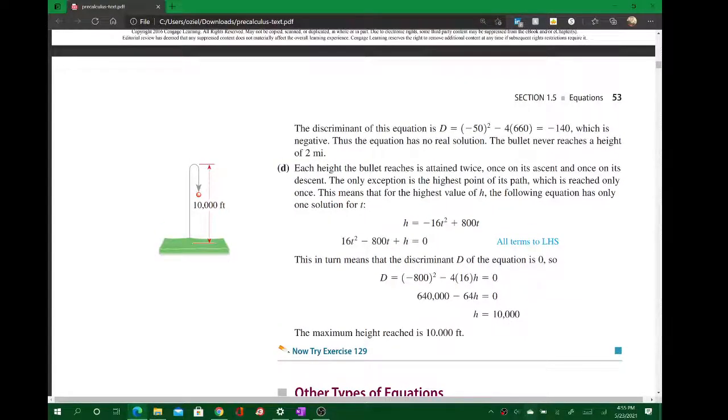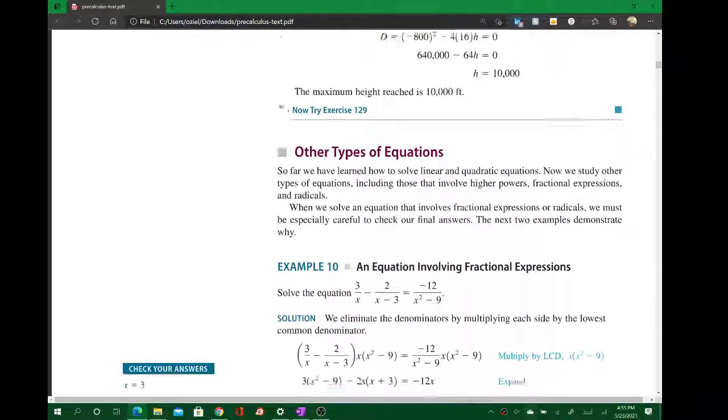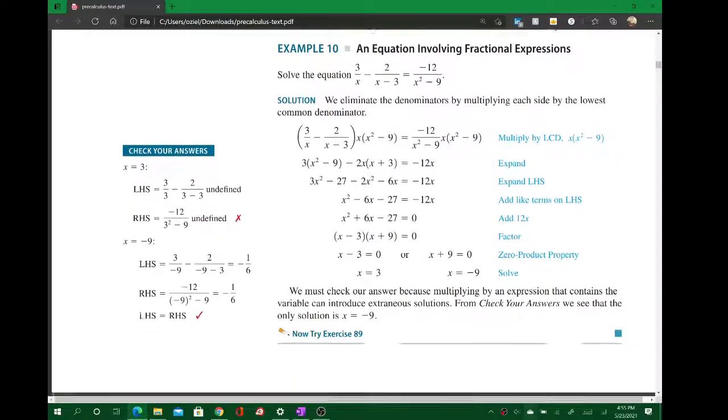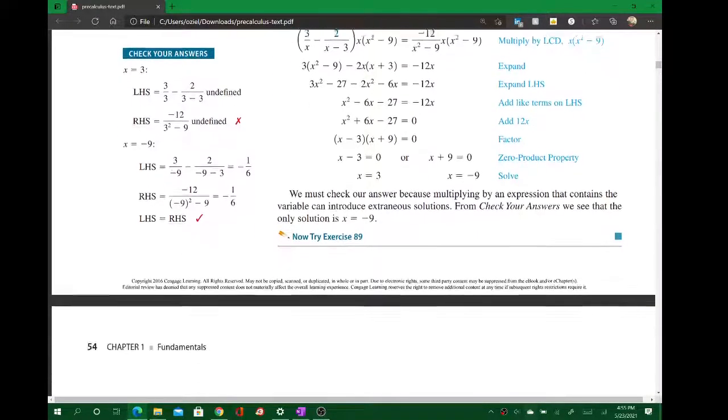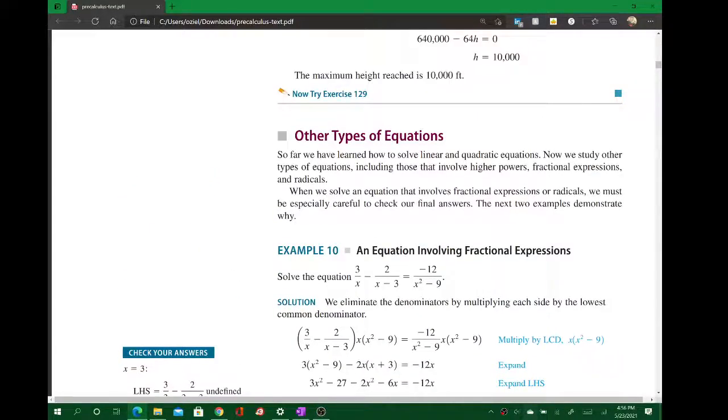So the discriminant is 0, and then they just solved for h. Okay, let's move on, because I think we've had enough of looking at quadratics.